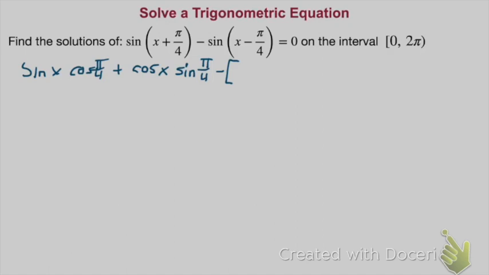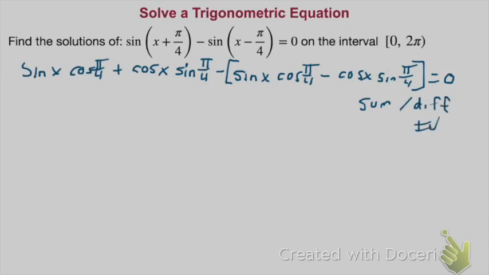We're going to do a difference identity for the sine of x minus pi fourths. We get sine of x, cosine of pi fourths, minus cosine x, sine of pi fourths, equal to 0. And we just use the sum and difference identities.